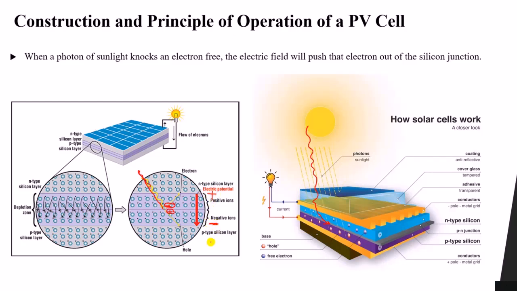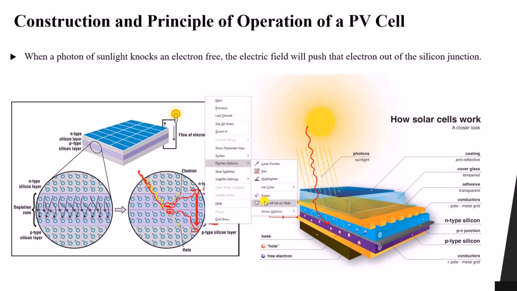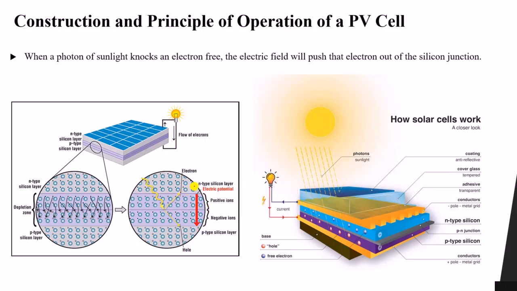The negative electrons will be affected by the electric field and go to the positive side, and the positive holes will go to the negative ions. In the end, the electrons will go to the upper layer, which is the n-type layer, and the holes will go to the lower layer.